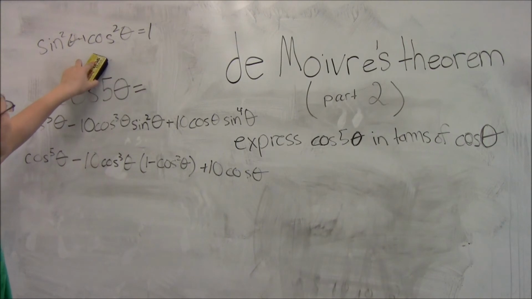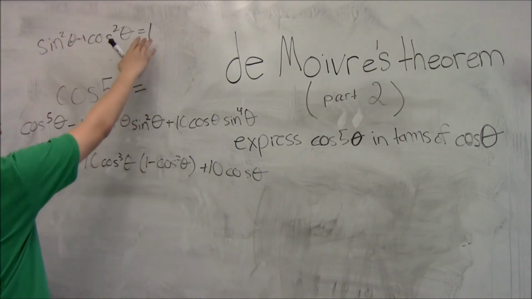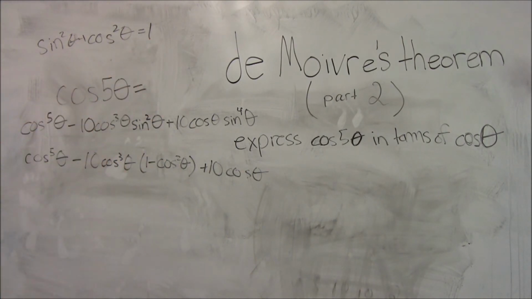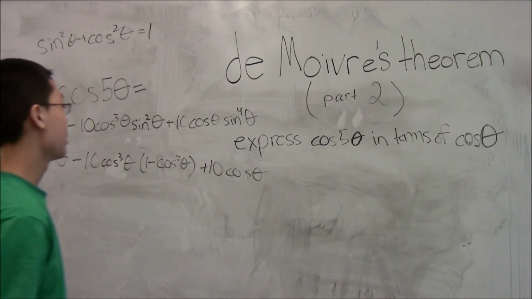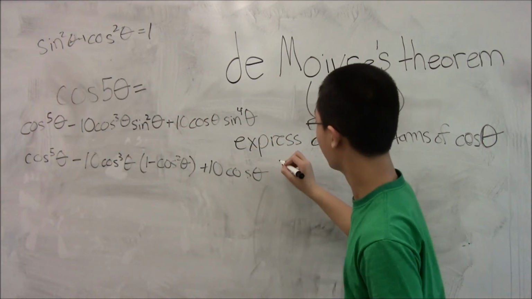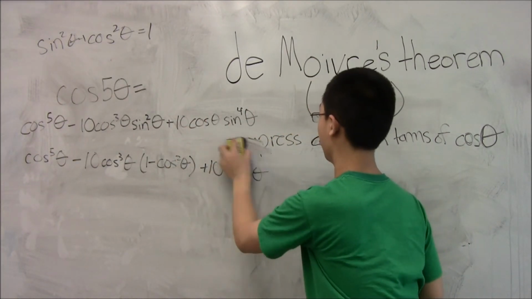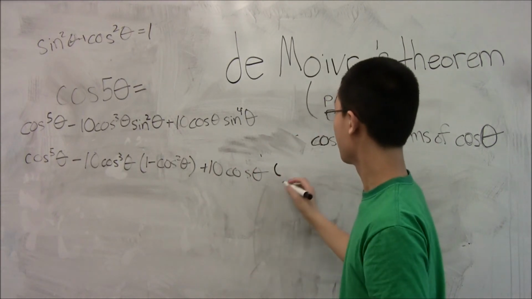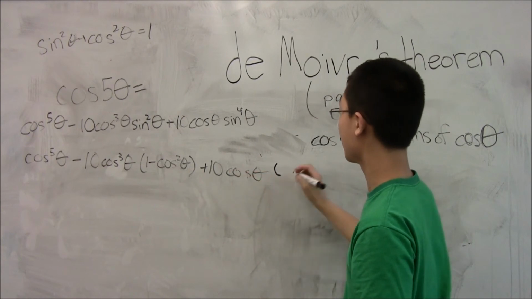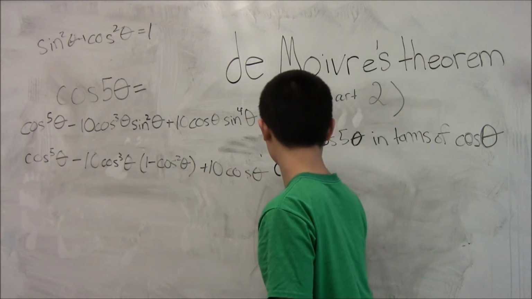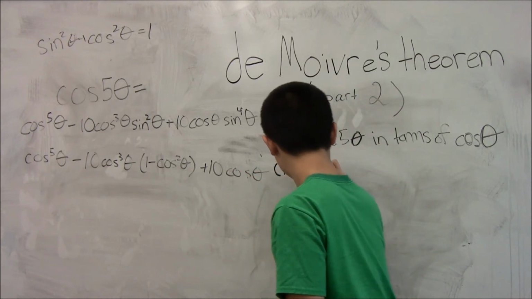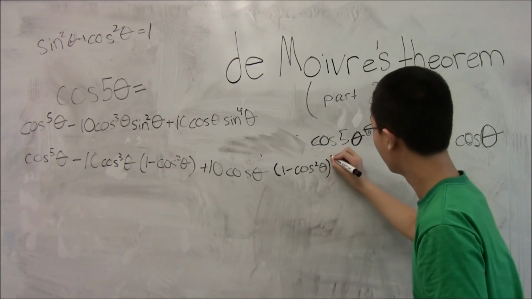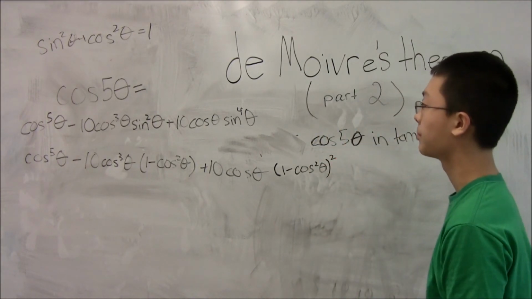Well, I'm thinking here, 1 minus the cosine squared of theta is sine squared of theta. We square that and we're going to get sine to the 4th of theta. So over here, it's better. And cosine of theta, 1 minus cosine squared of theta squared.